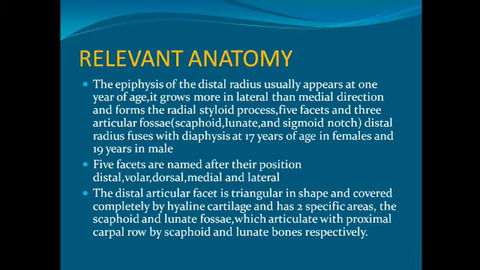These two bones articulate with the radius, and the sigmoid notch is present in the radius for the articulation of the ulna. The surfaces you all know: distal, volar, dorsal, medial, and lateral. The distal articular facet is triangular in shape, covered completely by hyaline cartilage, and has 2 specific areas: the scaphoid and lunate fossa, which articulate with the scaphoid and lunate bones respectively.